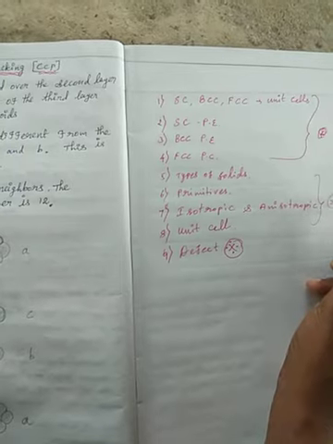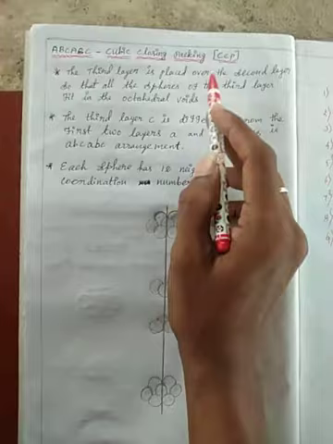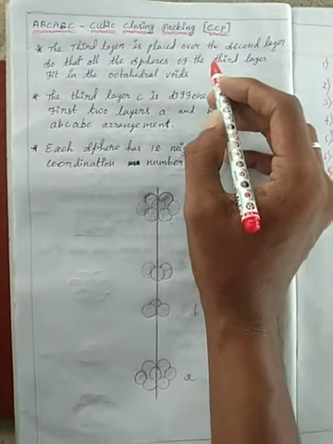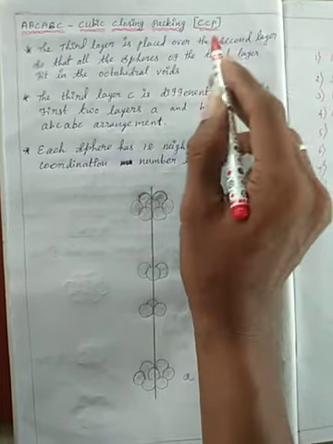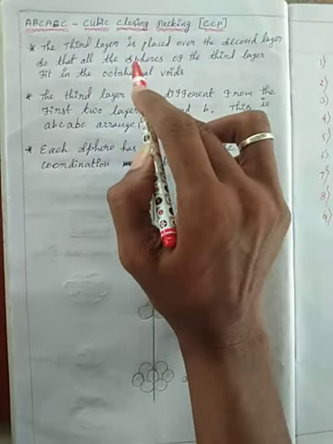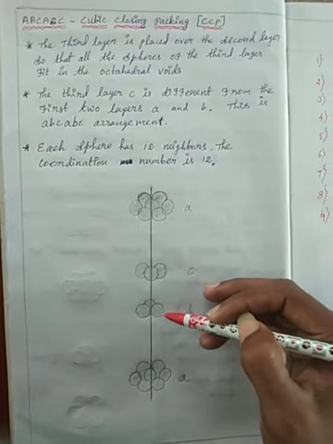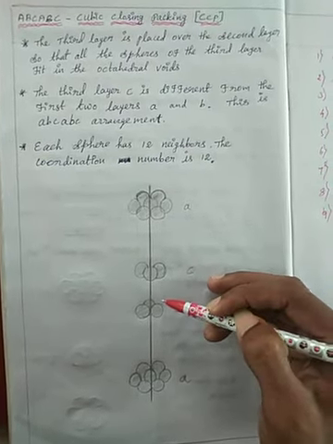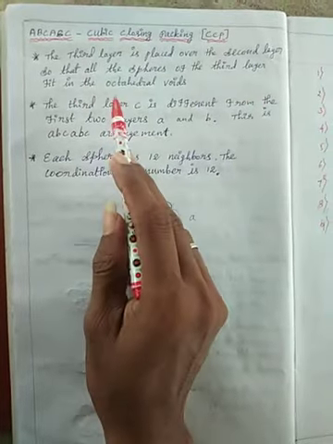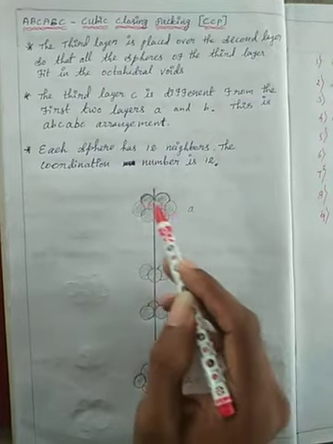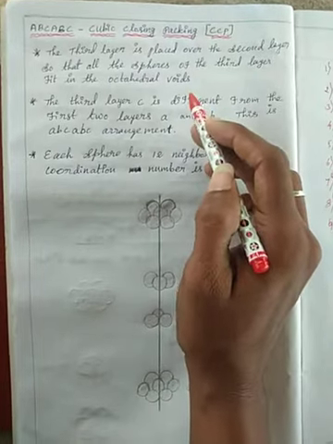Today we discussed cubic close packing, which is based on face centered cubic. In cubic close packing, the third layer is placed over the second layer, and the spheres of the third layer fit in the gaps, in the octahedral void geometry.